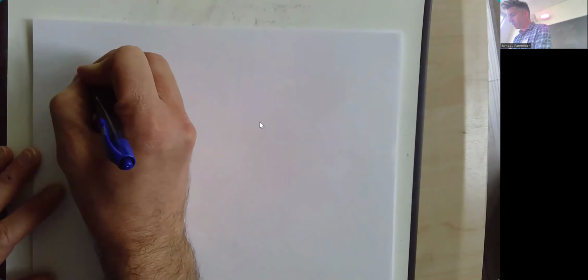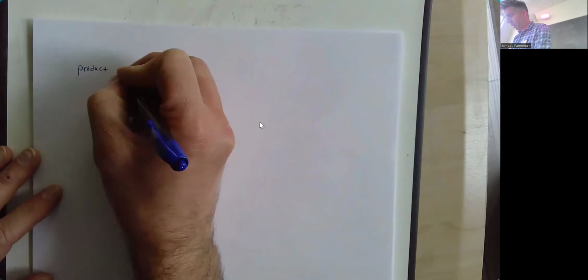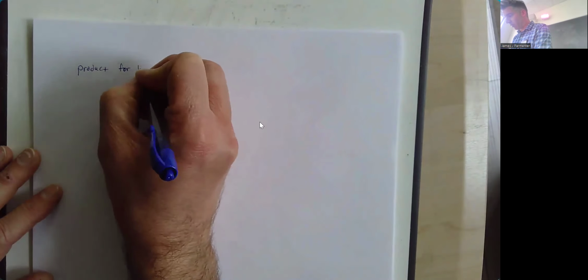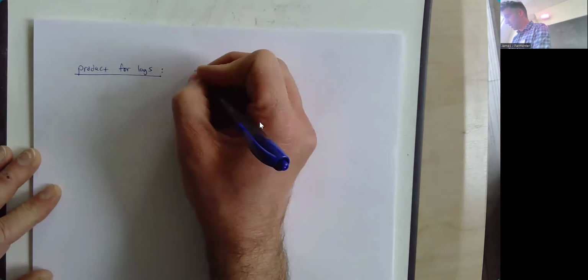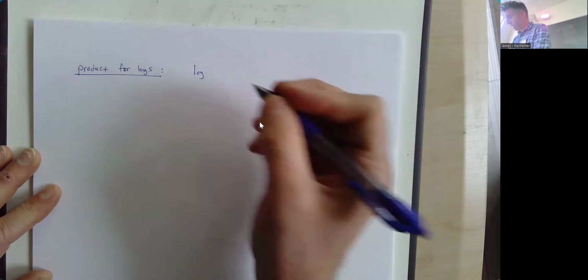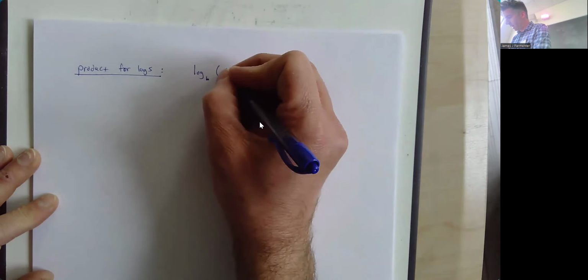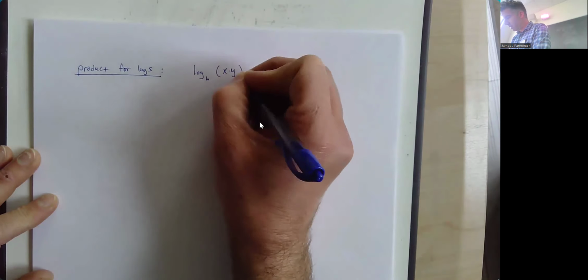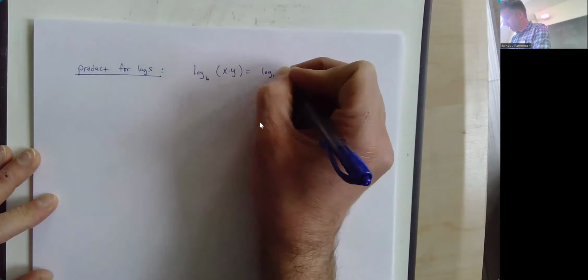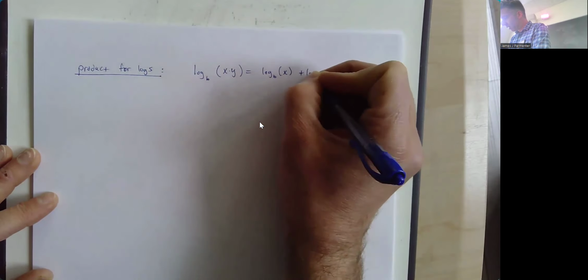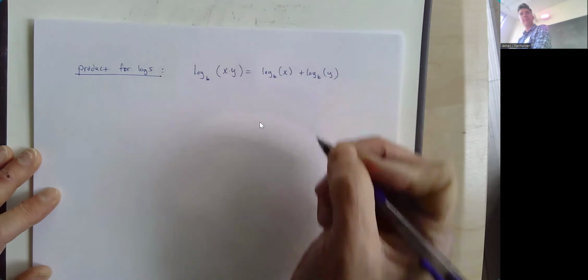So there are 3 rules for simplifying logarithms that everyone should be aware of, or I'm going to make you all aware of, which are the following. The product rule for logs, and we do say for logs because we have a regular product rule for derivatives, is that the log, take your pick of the base, the log base b of x times y is equal to the log base b of x plus the log base b of y.